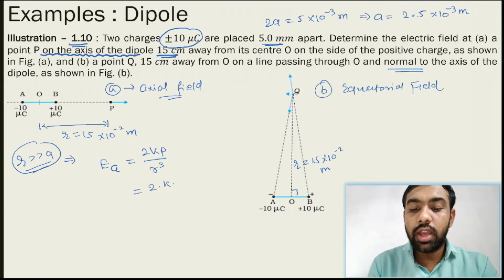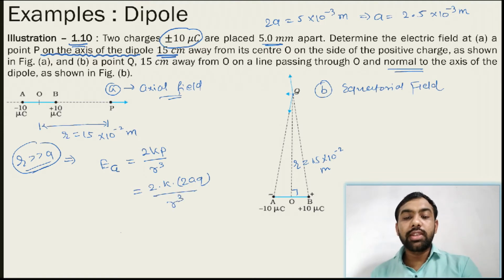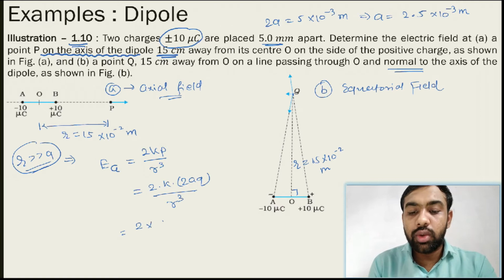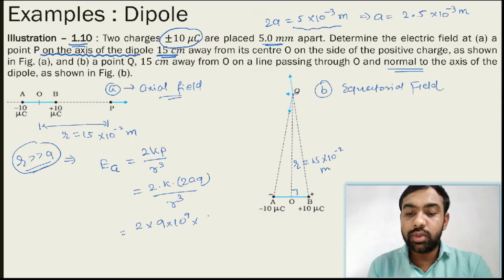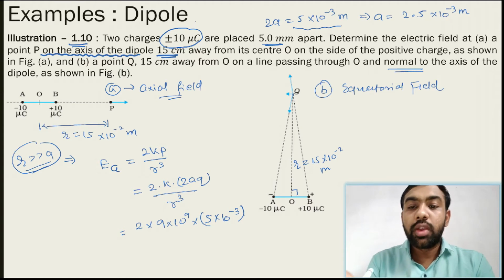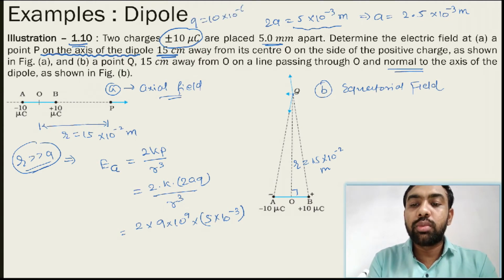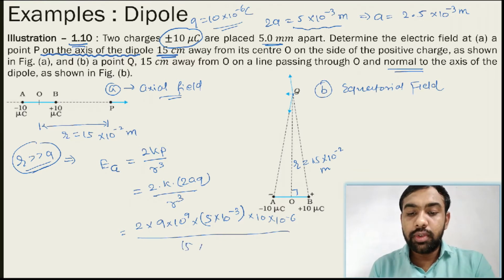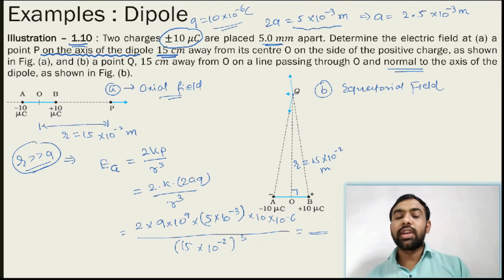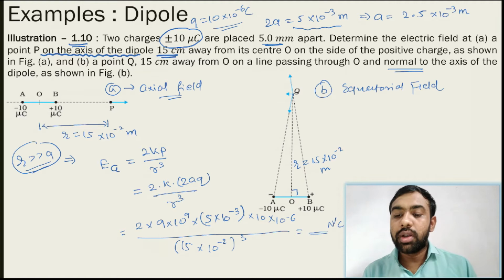So 2 into k into 2aq upon r cube. k is a known value, so put this value: 2 into 9 into 10 raised to 9 into 2a, directly use 2a, which is 5 into 10 raised to minus 3, into q, which is 10 microcoulomb, so q is equal to 10 into 10 raised to minus 6 coulomb, upon r cube, means 15 into 10 raised to minus 2 cube. Simplify this and get the answer by yourself. This answer is in Newton per coulomb.